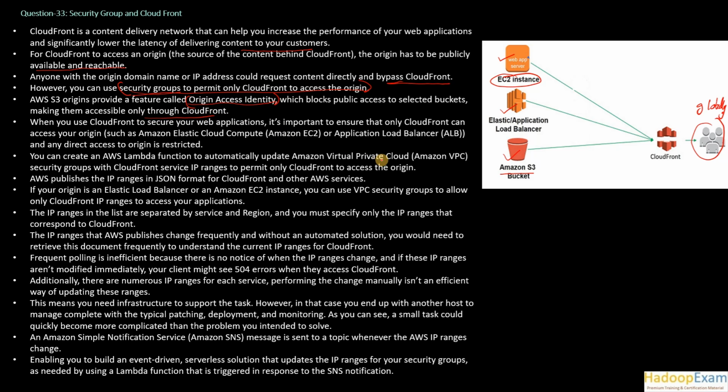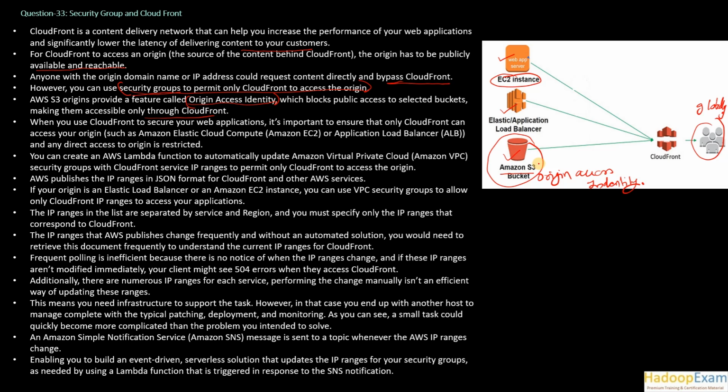So if the question were about Amazon S3, you would use origin access identity, but this question is based on EC2. When you use CloudFront to secure your web application, it is important to ensure that only CloudFront can access your origin, such as Amazon Elastic Compute Cloud or Application Load Balancer, and that any direct access to the origin is restricted.